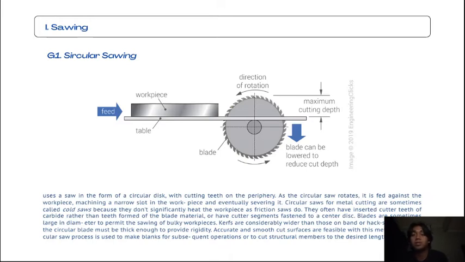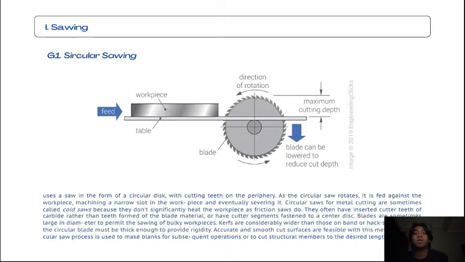Circular saws for metal cutting are sometimes called cold saws because they don't significantly heat the workpiece as friction saws do. They often have insert cutter teeth of carbide rather than teeth formed from the blade material, or have cutter segments fastened to a center disc.